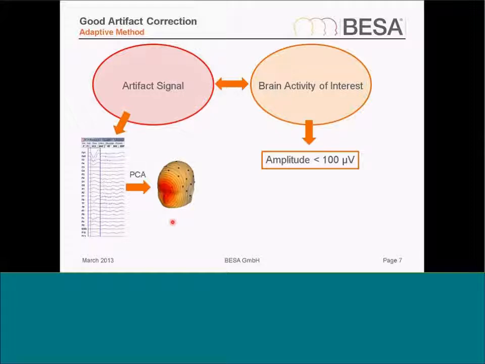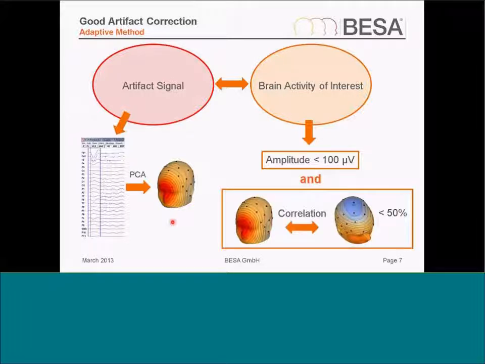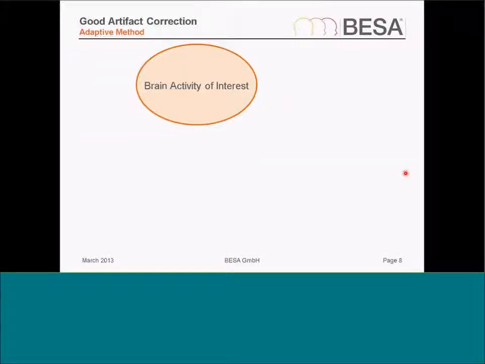For example, we can say that we're looking at anything that has an amplitude of less than 100 microvolts, because a higher amplitude is most likely to be artifact. We also want to check that the correlation with our artifact topography is less than 50%. And if these two are the case, then we think this could be brain activity of interest.